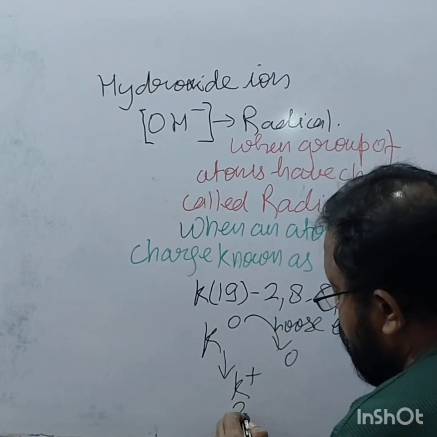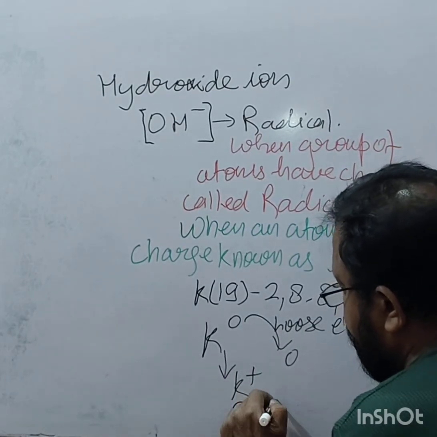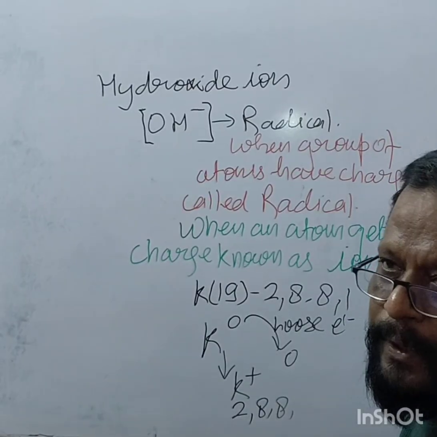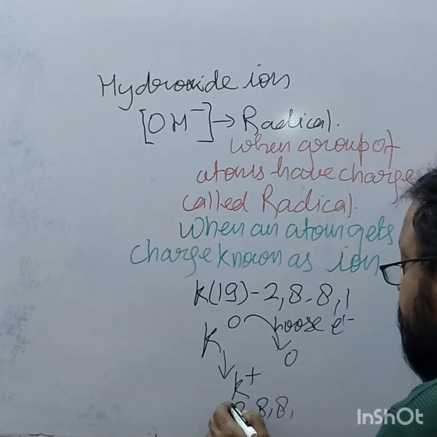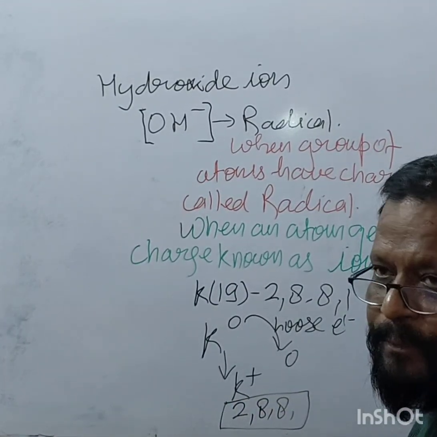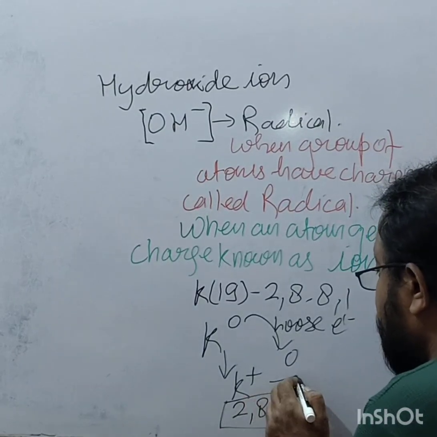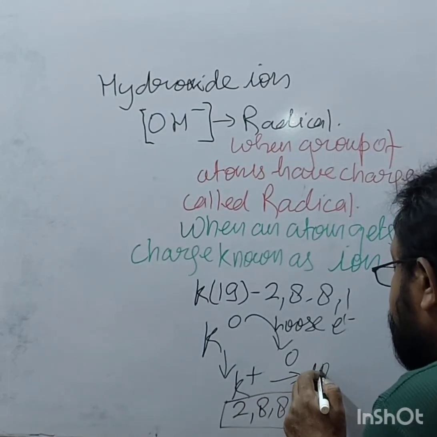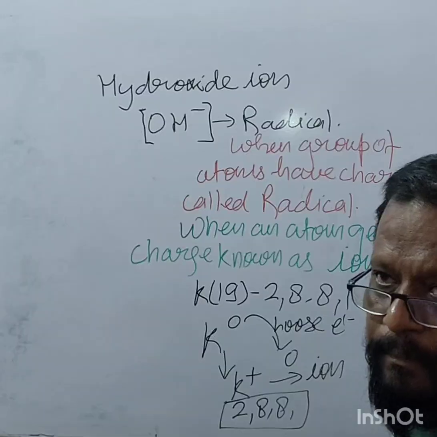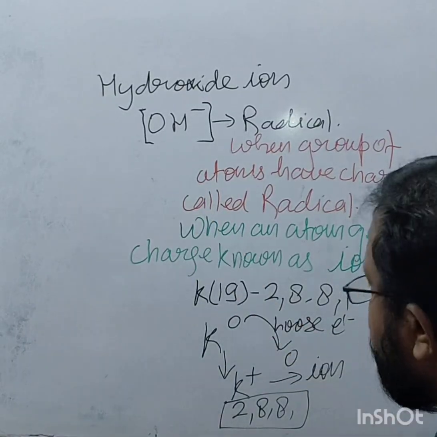This is 2, 8, 8, right? So it attains a stable position, and this is called an ion. This is an ion, right? And this was a radical.